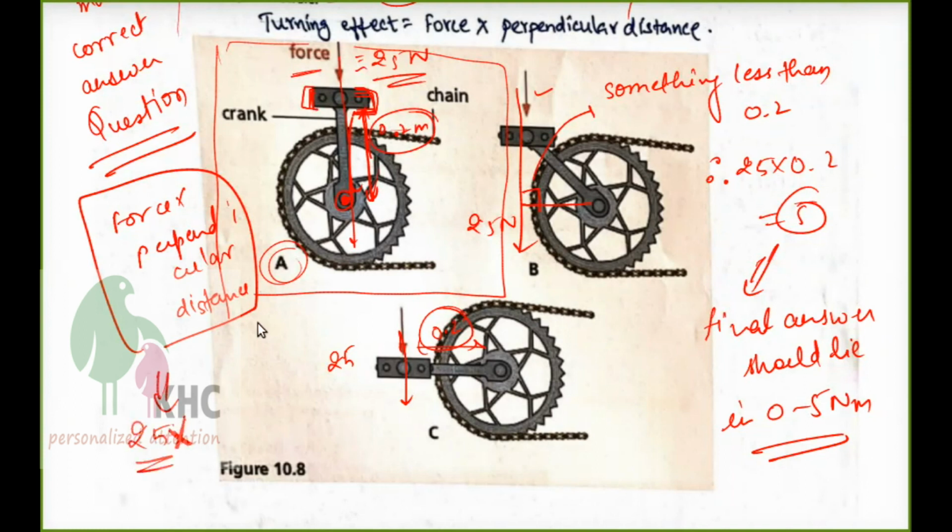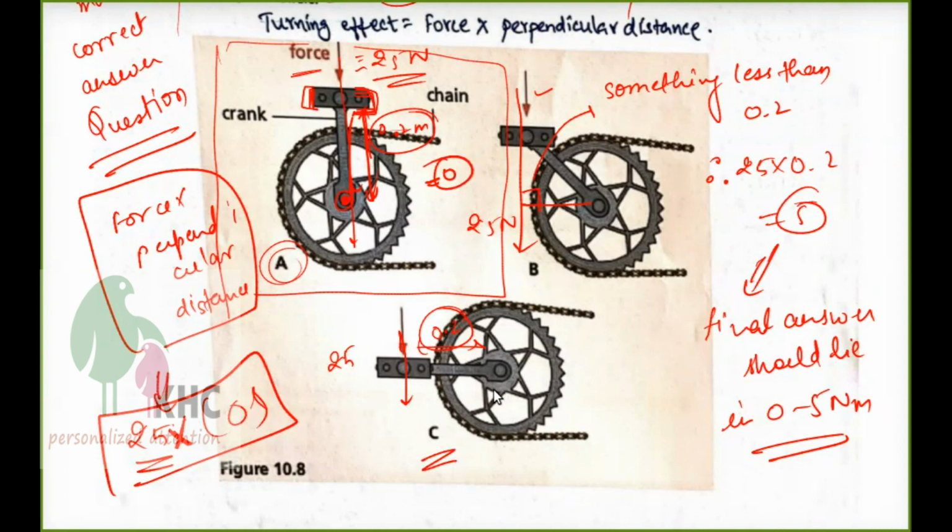The force passes through the axis. Whenever the force passes through the axis, the perpendicular distance is zero, because you cannot drop any perpendicular on the line of action of the force. So in this case, the answer is zero. What about C?